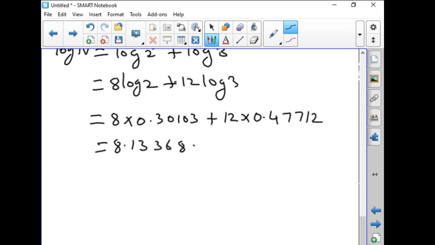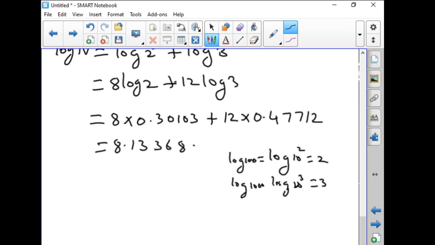Okay, 10 square log, I explained you in the beginning. Log 10 square is 2. Log 10 cube is 3. 10 square means what? Log 100. Okay, so this is log 100 and this is log 1000.